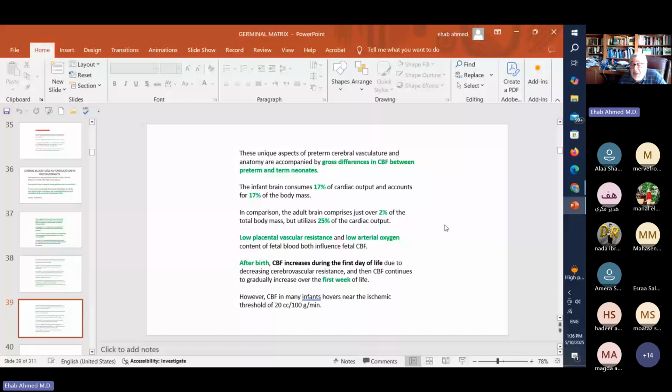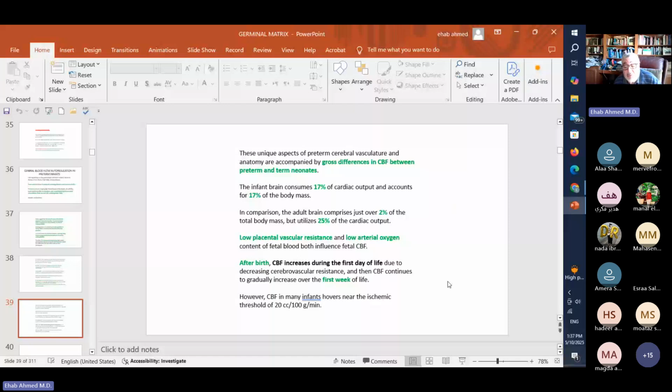In the preterm baby, it is very deficient because the autoregulatory mechanisms that try to maintain it stable are deficient and immature. So we have two combinations. We have the germinal matrix fragility, and we have the problems with the cerebral blood flow secondary to deficient and immature autoregulatory mechanisms, depending on vasoconstriction and vasodilatation in response to changes in blood pressure, in order to maintain cerebral perfusion pressure.